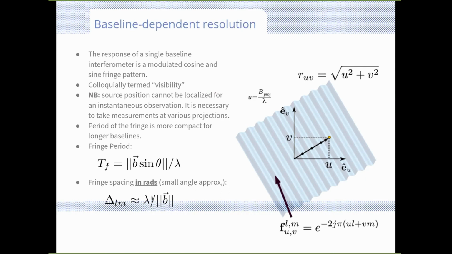So this fringe spacing, under a small angle approximation, where the source is not too far away from the phase center, is exactly giving us the resolution, right? It's a very good approximation for our resolution, where our resolution is measured by this Rayleigh relationship, the observing wavelength over the length of the baseline in this case.